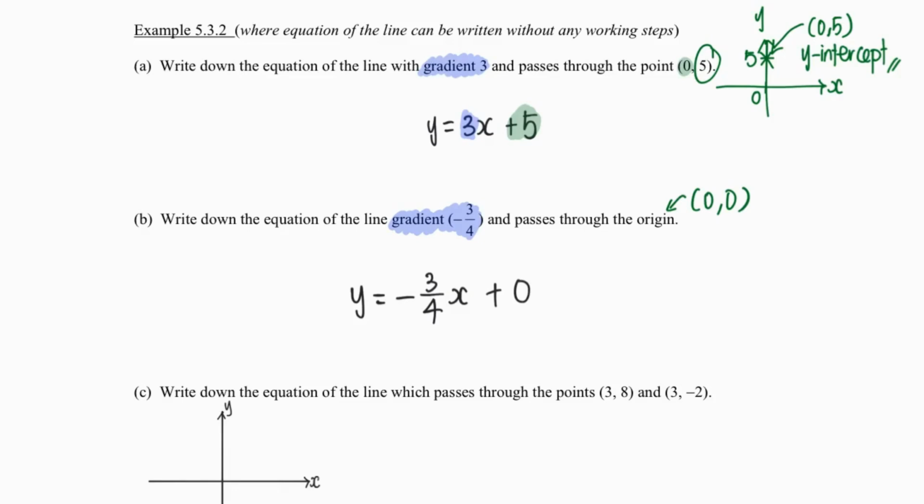So we need to simplify further. And we are done. Just to highlight that this is my gradient, and origin y-intercept is 0. So, yep, that's why it's the 0 here.